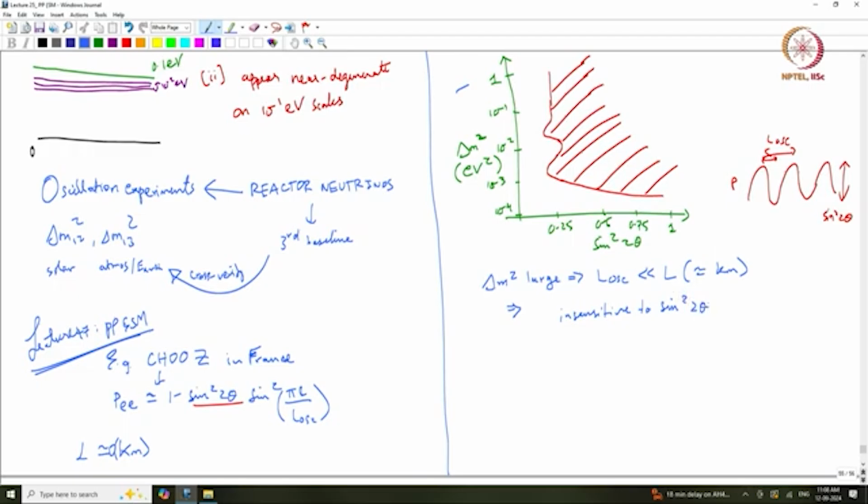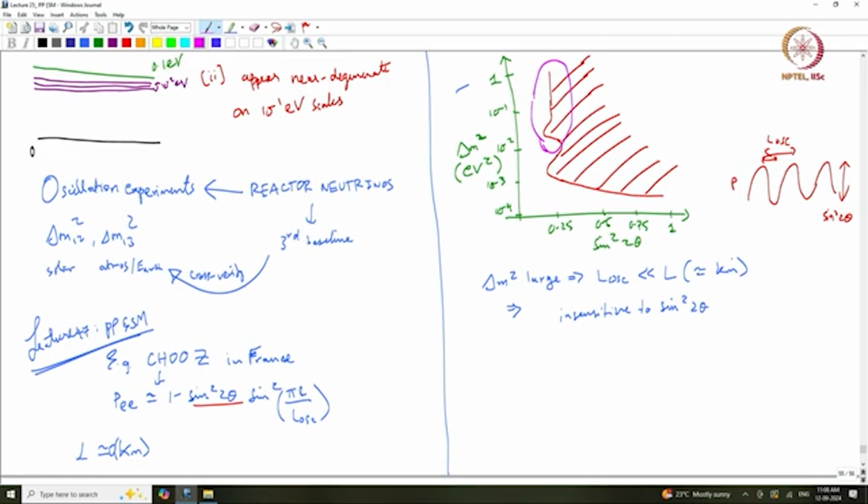Is that seen here in this plot? Of course it is seen here. That is why you have a straight line up here, this straight line here. This shows over here that you have become insensitive to sin square 2 theta.